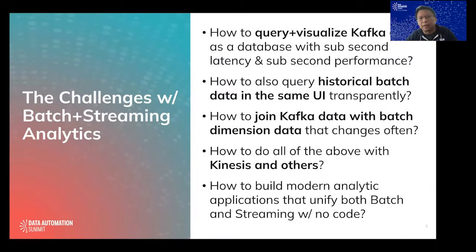Next, we have also seen a lot of challenges with joining Kafka data with batch dimension data that changes often. So there are a lot of streaming processors one could potentially adopt. For example, Flink or even KSQL does some of the join now as well, that they could join the stream with a table or even stream joins. But the challenge is always, what if the data set on the right side changes?